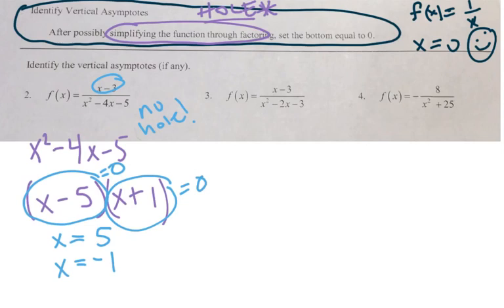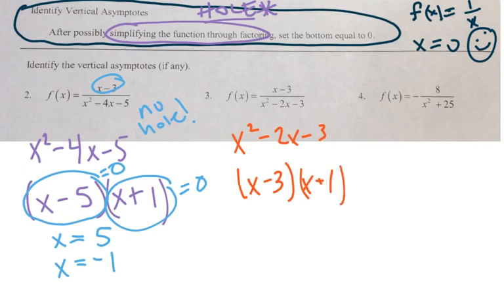Okay, so now we're going to do the same thing on this second one, number 3. I keep saying this like you guys can see me pointing at it. So here, my denominator is x squared minus 2x minus 3. So when I factor that, I get x minus 3, x plus 1. Okay, so do you see how this matches the numerator that would cancel out?